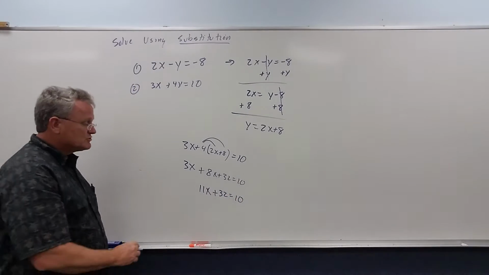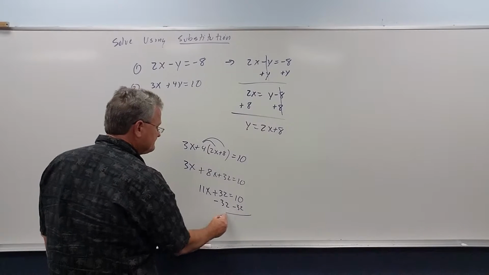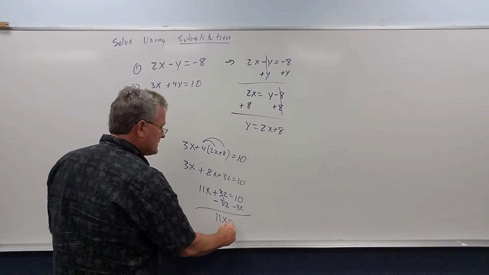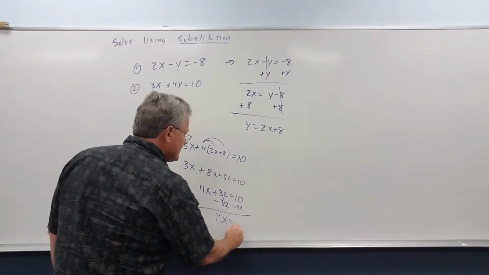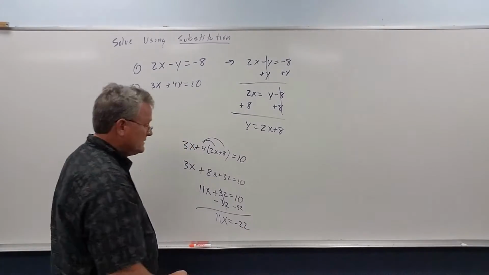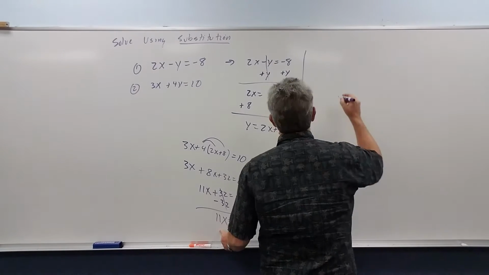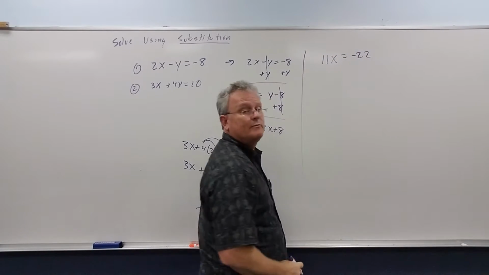Then we want to subtract 32 from both sides. That adds up to 0, and we get 11x equals negative 32 plus 10, which is negative 22. Let me just rewrite this over here. So we have 11x equals negative 22.